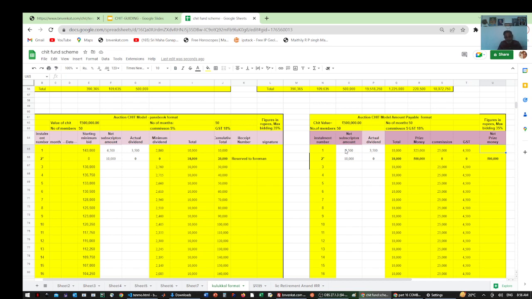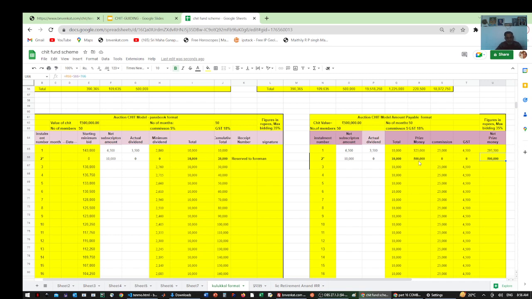And net payable amount will be less commission and GST. That is equal to prize money minus commission minus GST, which is 2,95,500.